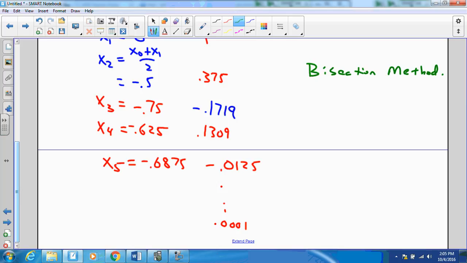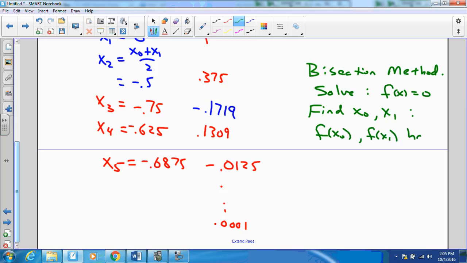In the bisection method, first we find an x0 and an x1. Our problem is to solve f of x equals 0. Find x0 and x1 so that f of x0 and f of x1 have opposite signs.